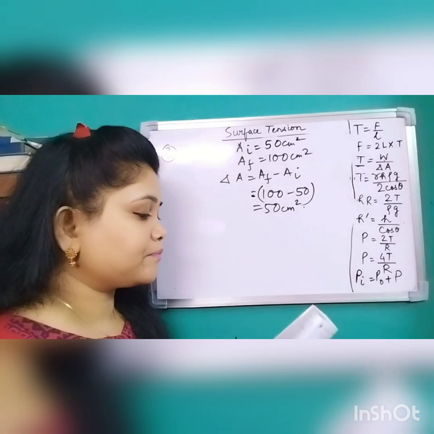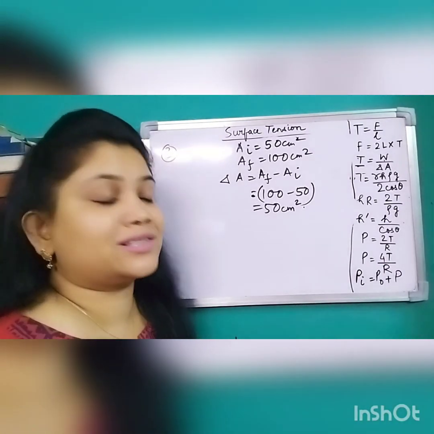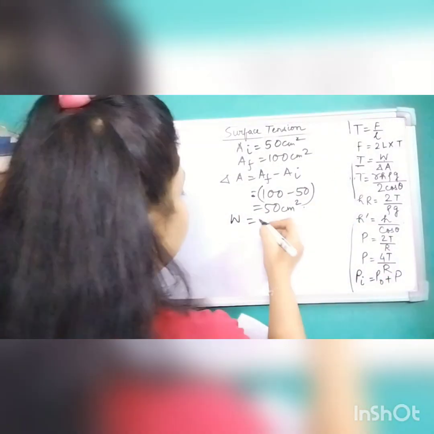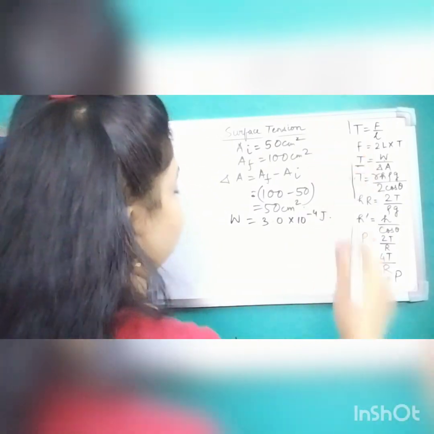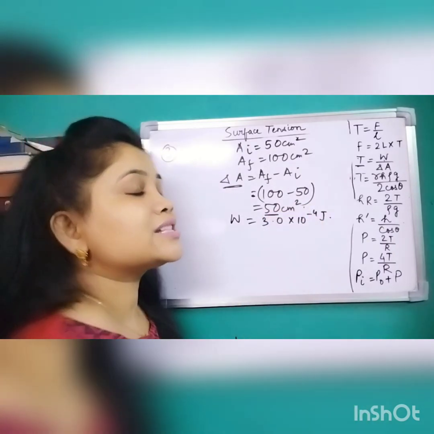Then it's given that 3 into 10 to the power -4 joules of work is done. Here W is given as 3 into 10 to the power -4 joules. Now, delta A we have got as 50 centimeters square.